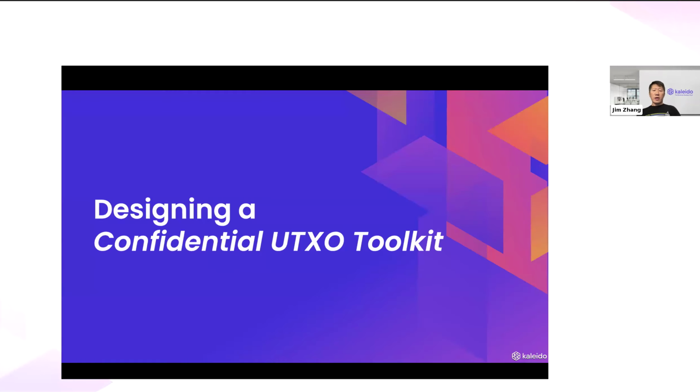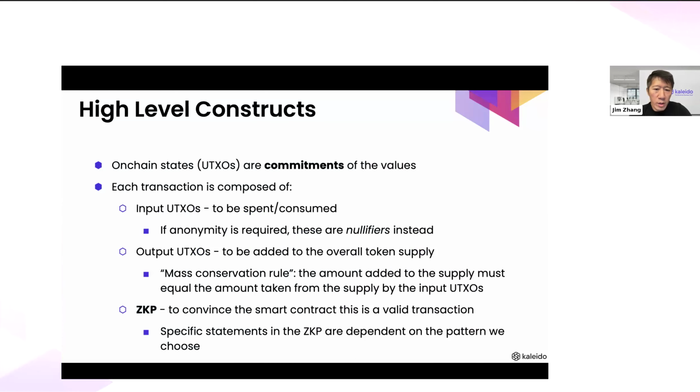So now let's look at what exactly it takes to design a confidential UTXO toolkit that allows us to use the UTXO model with privacy and with a spectrum of choices. So at the high level, the constructs we need to use to design such a system, as we mentioned, instead of clear text values on chain, we need to hide them.